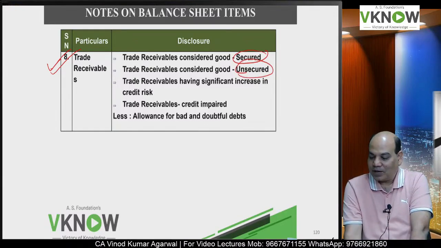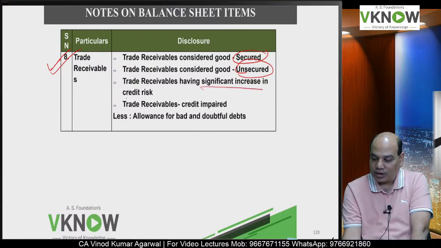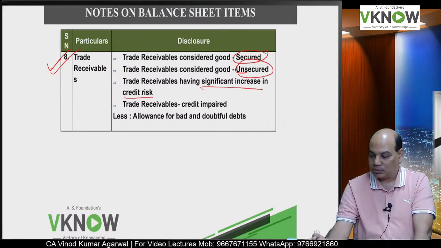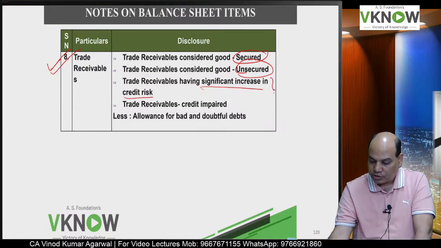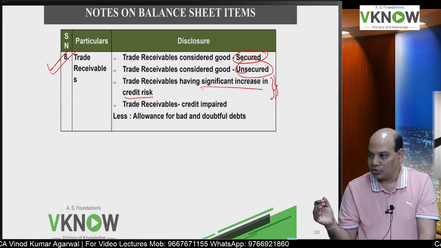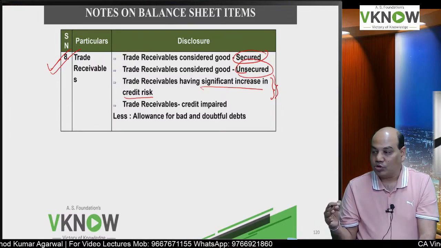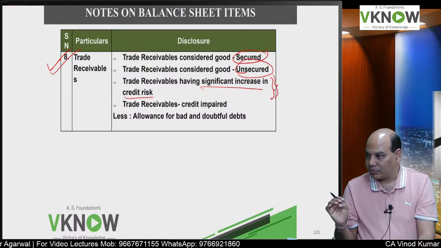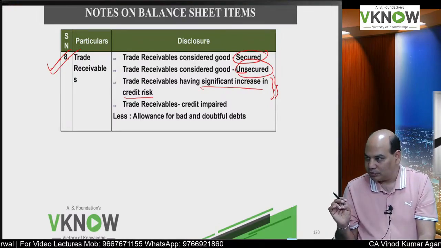Trade receivable having significant increase in credit risk. That means those debtors where risk has gone up. Suppose a customer is not paying for the last 3 months, risk has gone up. If insolvency proceedings have started against a customer, which means risk has gone up.